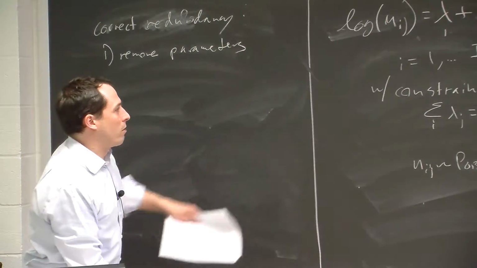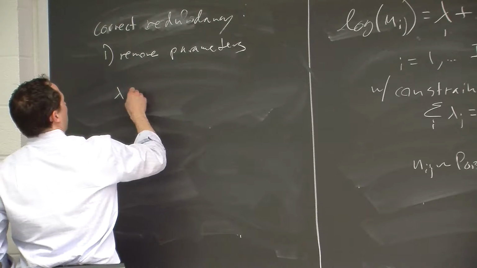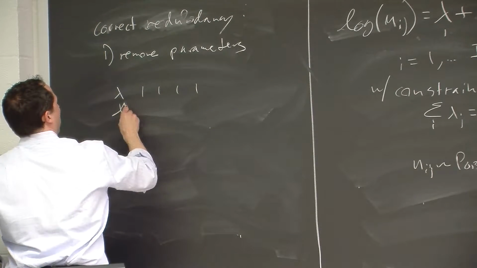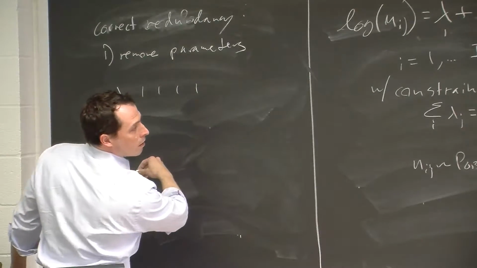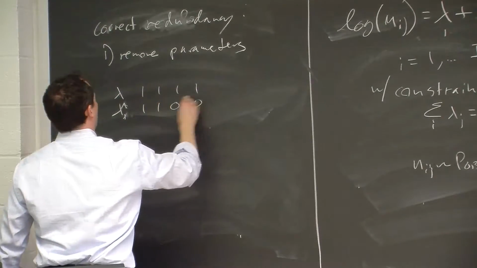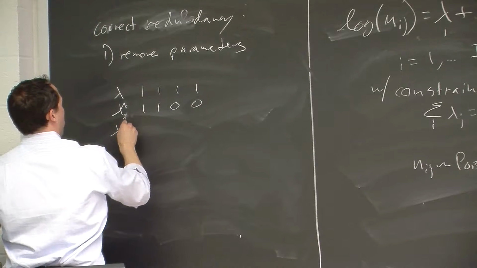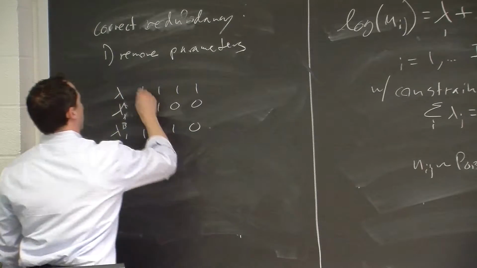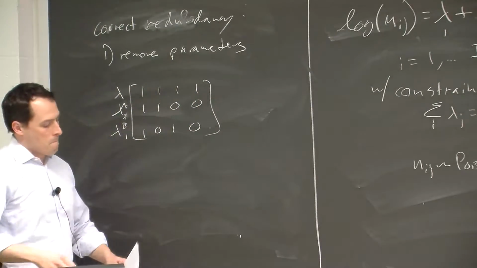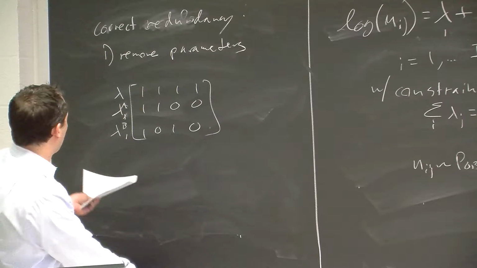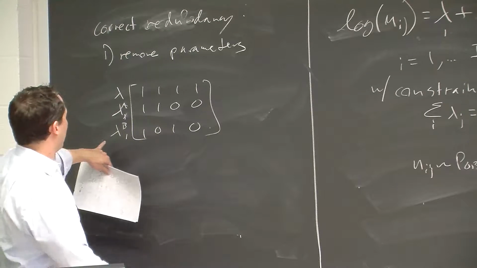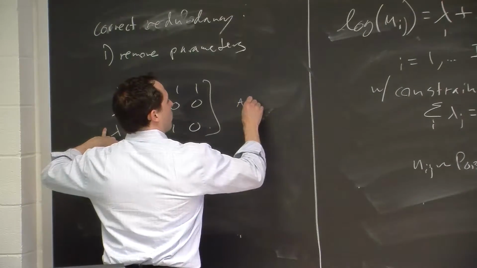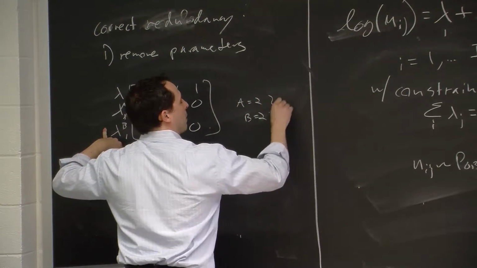So I can go down to a simpler matrix, like 1, 1, 1, 1, then lambda A1, which is 1, 1, 0, 0, then lambda B1, which is 1, 0, 1, 0. So I could use this. That's equivalent to choosing the baseline that sets A equals 2 and B equals 2 as baselines.